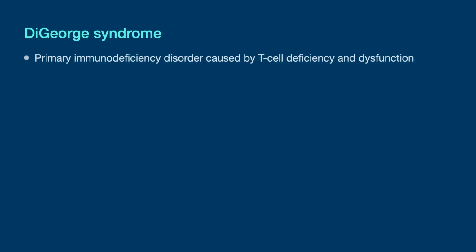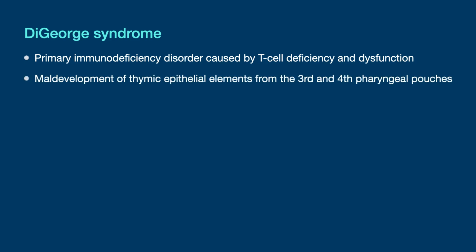Next, DiGeorge syndrome. It is a primary immunodeficiency disorder caused by T cell deficiency and dysfunction. It results from the maldevelopment of thymic epithelial elements derived from the third and fourth pharyngeal pouches. It is an example of a microdeletion syndrome, and the gene defect is mapped to chromosome 22q11.